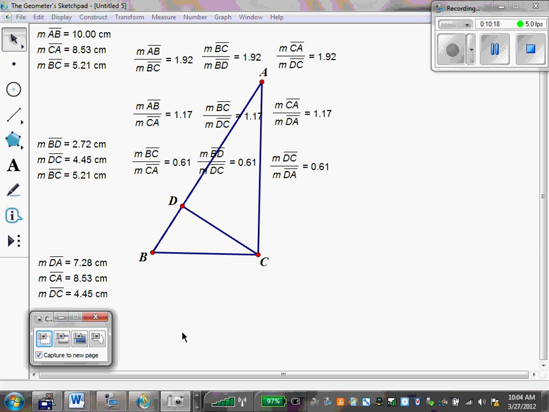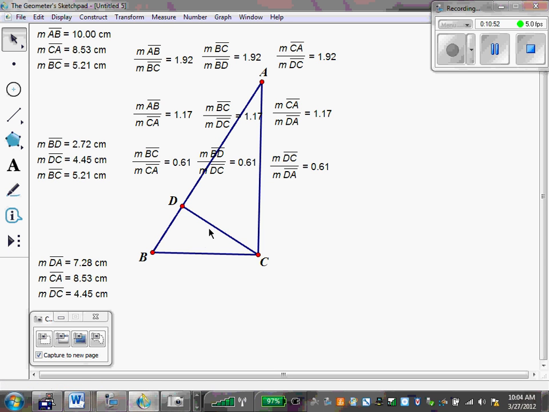We might want to go ahead and measure one more thing for the second conjecture. Let's measure some lengths, and then I'll allow you to come up with the conjecture on your own. So I'm going to measure BC, AC, and DC. And I think I already have all those lengths.